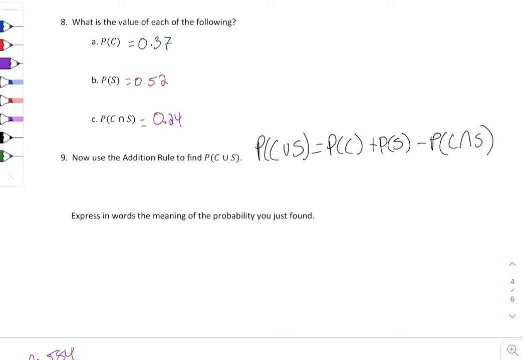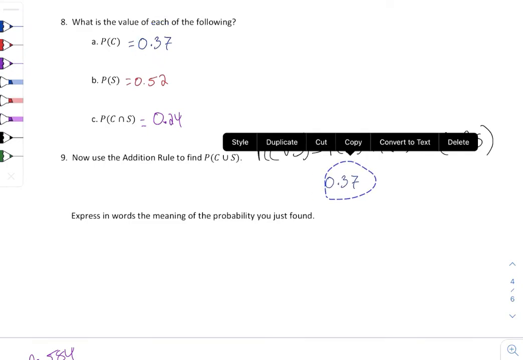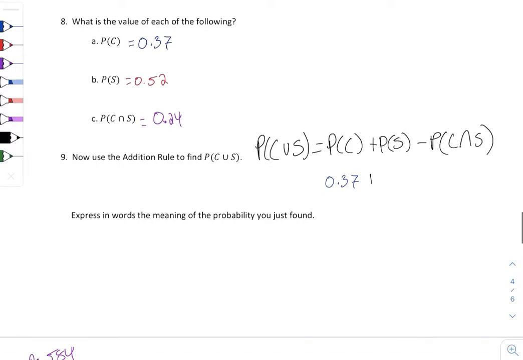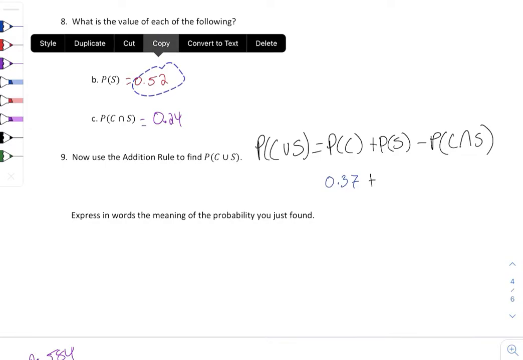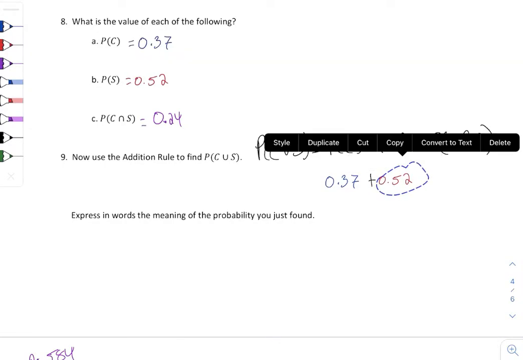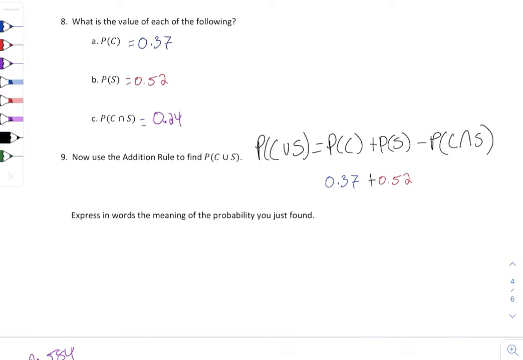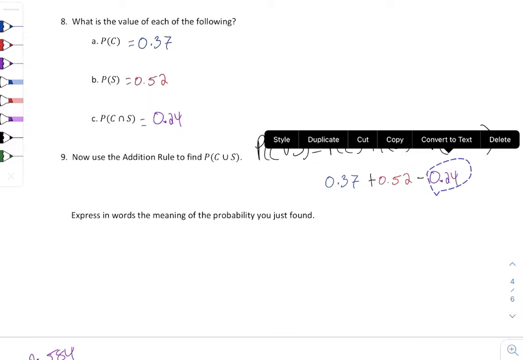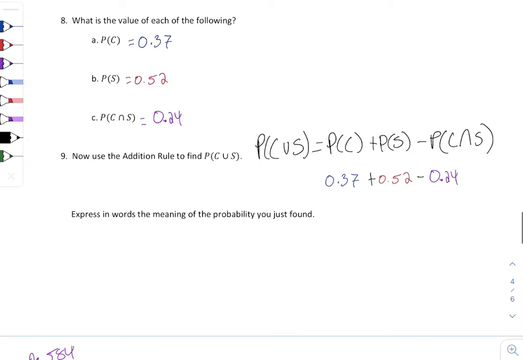So I'm just going to drop these values in. We know the probability of C is 0.37. Then we add the probability of S, which we already found to be 0.52, and then minus the probability of the intersection, which we also found to be 0.24. Then it's just a matter of adding and subtracting, going left to right.